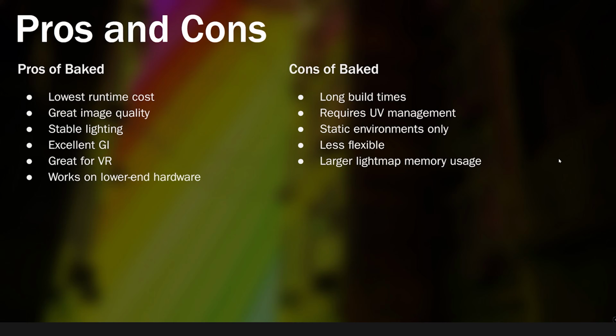Now, all of this in mind, what are the pros and cons for a baked lighting workflow? And it's actually very small, thankfully. Of course, the biggest pro of baked lighting is that it is the lowest runtime cost versus, say, Lumen, because you are pre-calculating your lighting and it's very, very good. Now, one con connects to it: long build times.